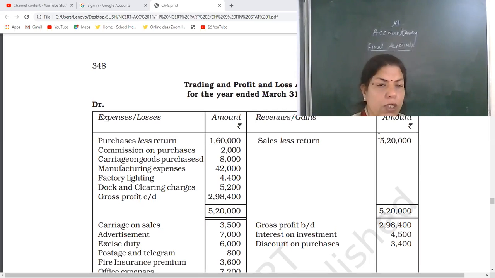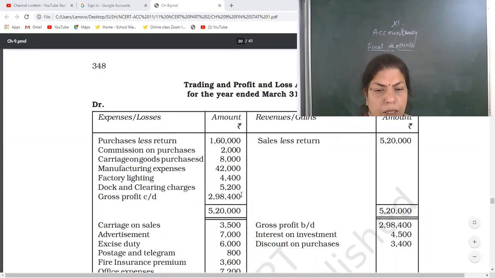Okay. Now see debit side. Purchase less return, net purchase. Opening stock not given, so we are not writing here. Commission on purchase, carriage on goods purchase, manufacturing expenses, factory lighting, dock and clearing charges, gross profit. See now how to calculate this gross profit.